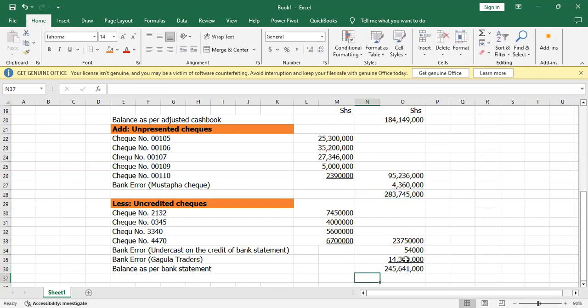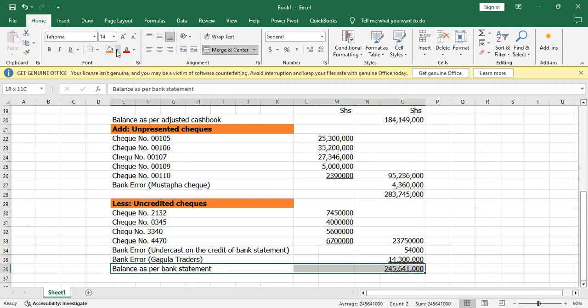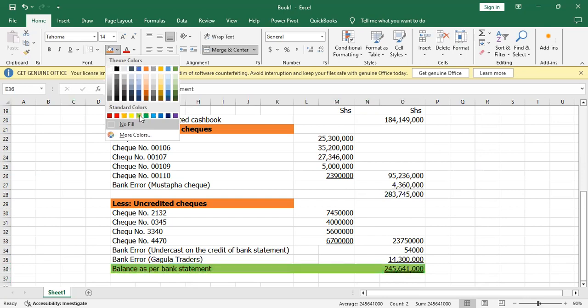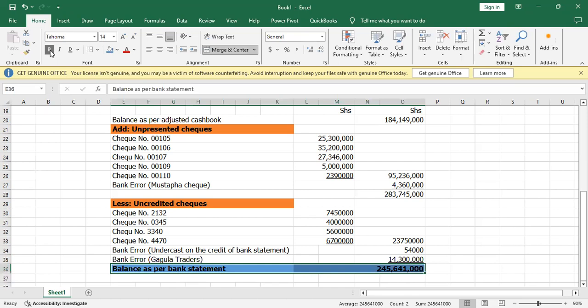Then you come up with 245,641,000. We need to check this and see if this is our bank statement balance.